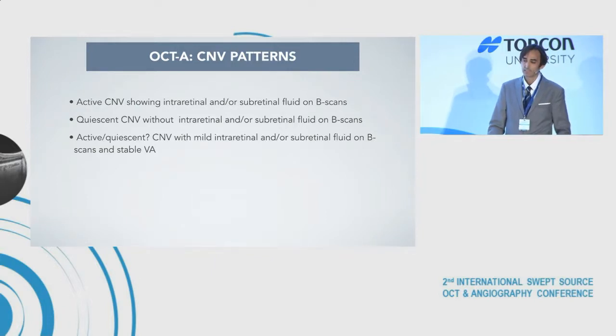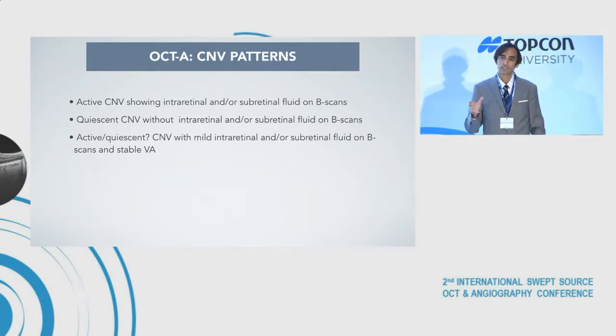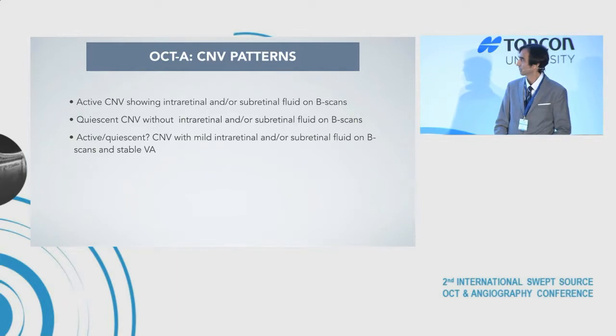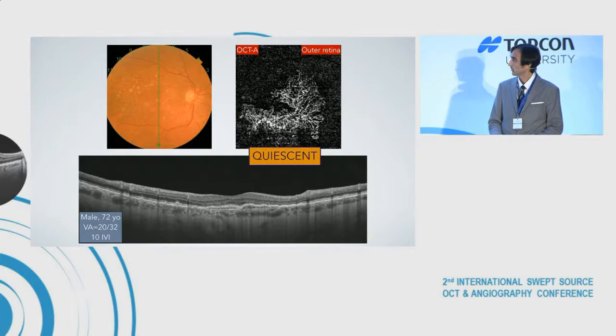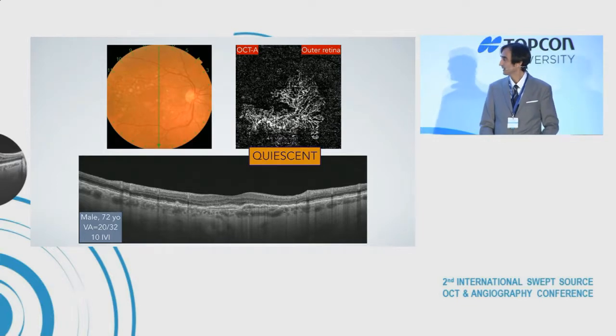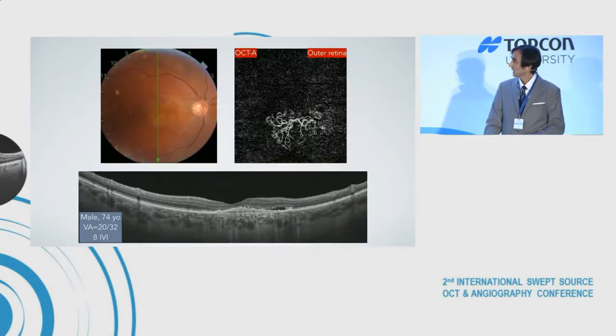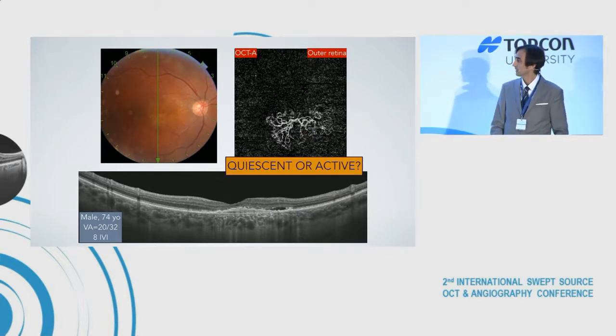In these cases, it's very difficult to determine whether the lesion is active or not. In this case, probably everyone would say that it's an active case, showing some clear fluid here. This could be considered a quiescent case with no fluid. And this could be a doubtful case with mild subretinal fluid.